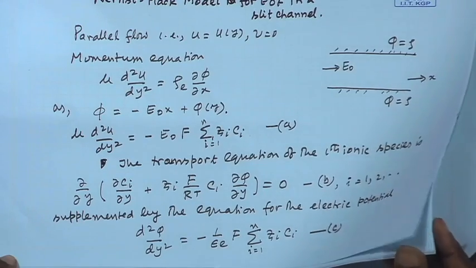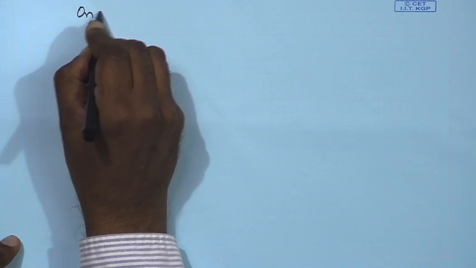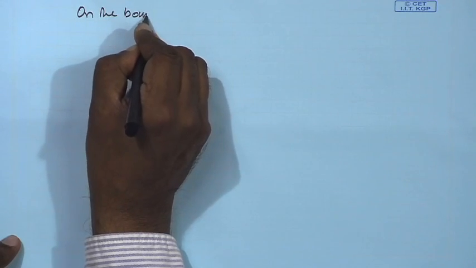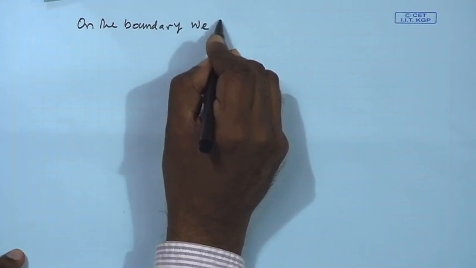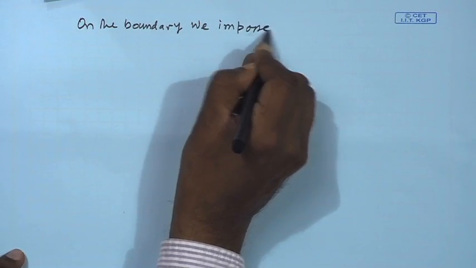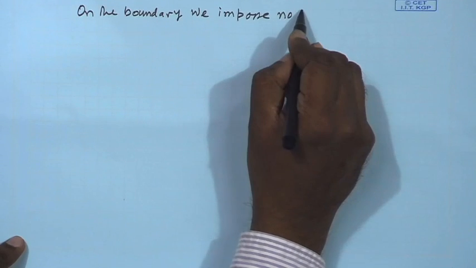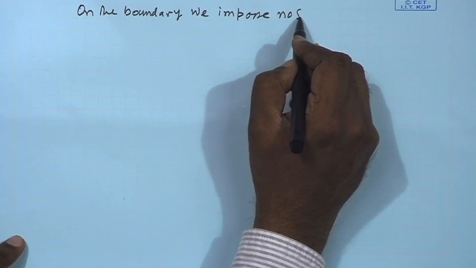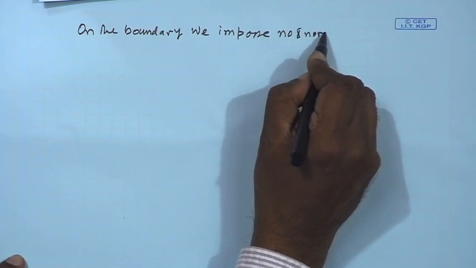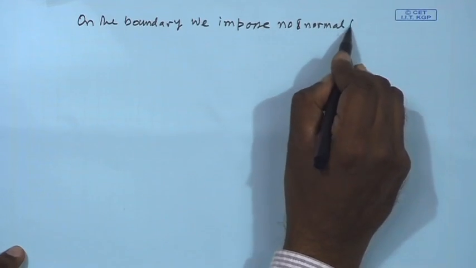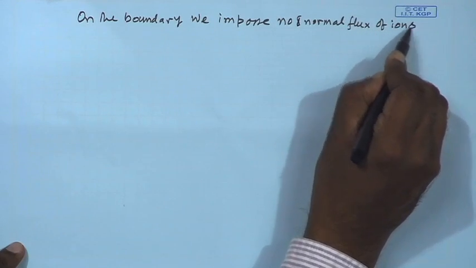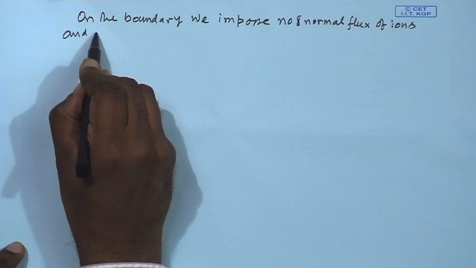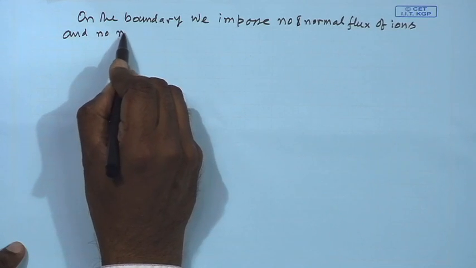So we have to impose the boundary conditions. So on the boundary, what conditions can we impose? We impose no normal flux of ion, and no normal flow of fluid.